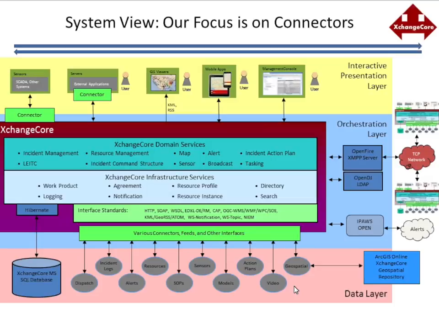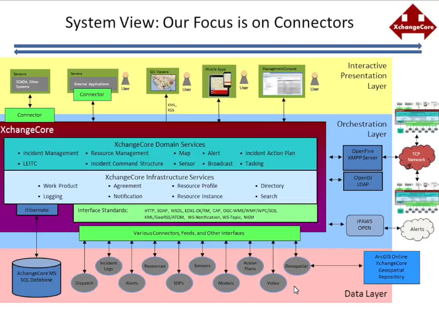We have a management console, which is more for administrative management of the console, managing users, managing the various information that's stored on the core, restarting, etc. And then applications can connect as well. Servers can connect a variety of ways. We'll get into that in a little bit.